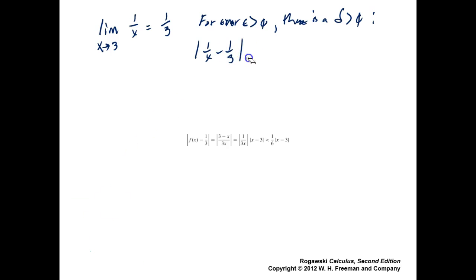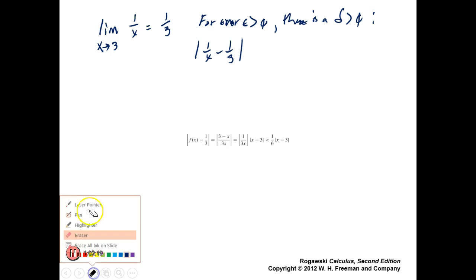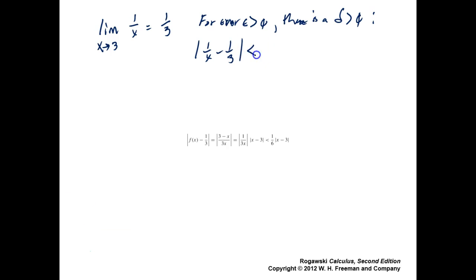There is a delta such that for this to be true, 0 less than absolute value of x minus 3 less than delta. Okay.